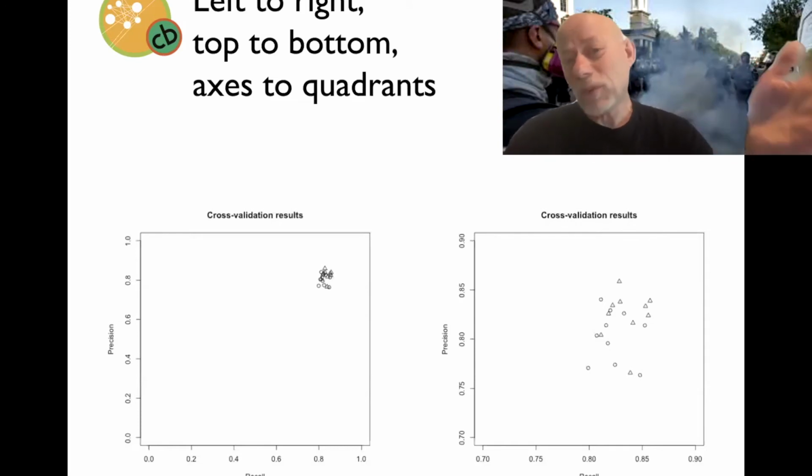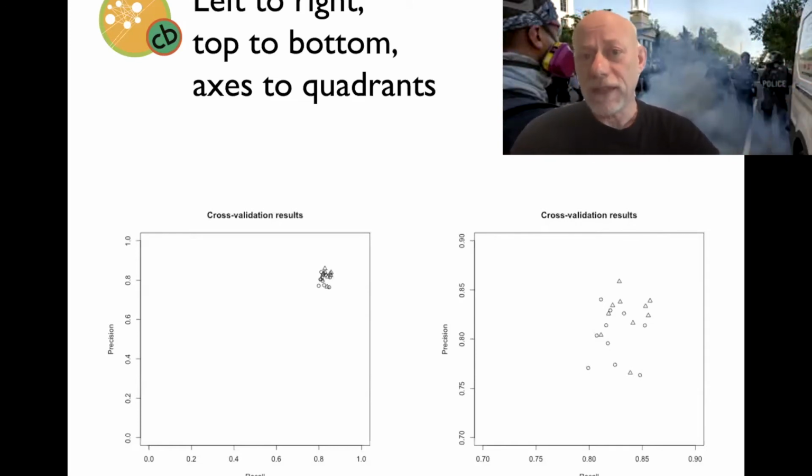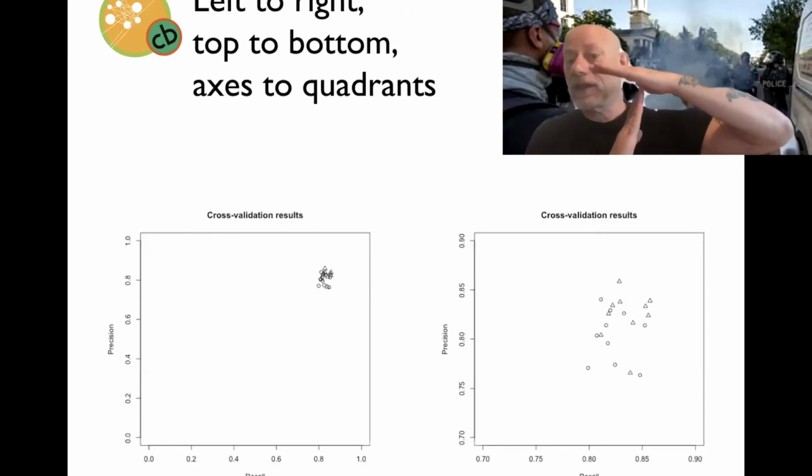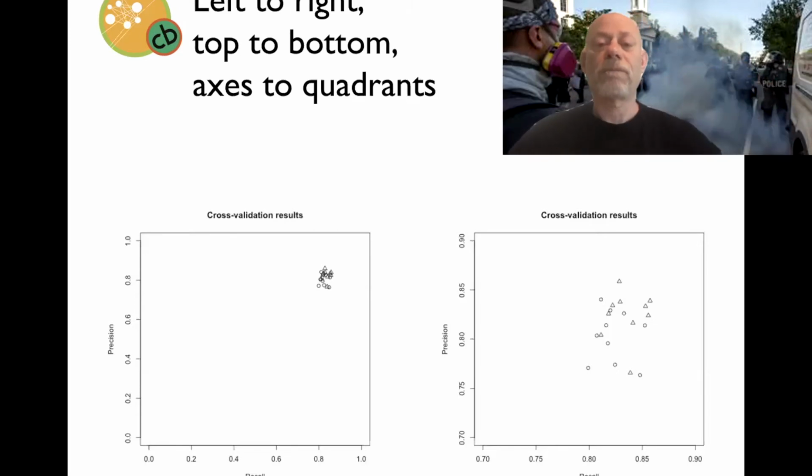Now, this is a point that actually is not made very well with that graph, because as I said, as soon as you see the truncated X and Y axes, you should think, wait a minute, time out, there's a problem here.